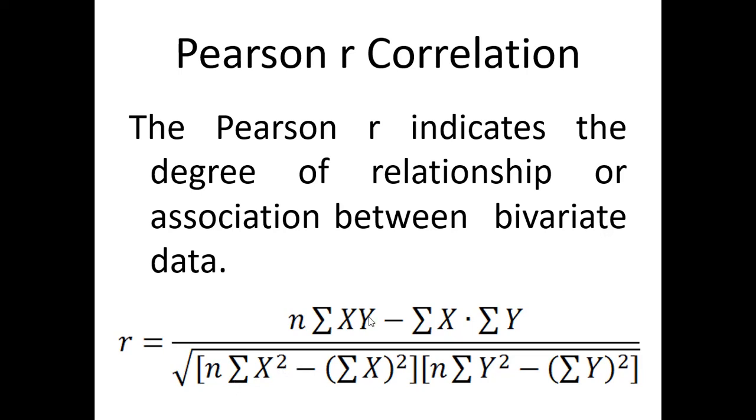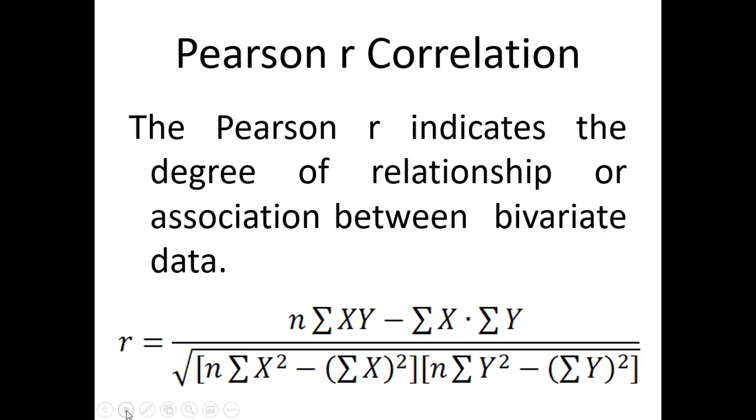Here, the summation of x squared is different from the quantity summation of x raised to the second power. And the same is true for y: n times the summation of y squared minus the quantity summation of y raised to the second power, close bracket. Basically, this is the formula for Pearson R correlation.